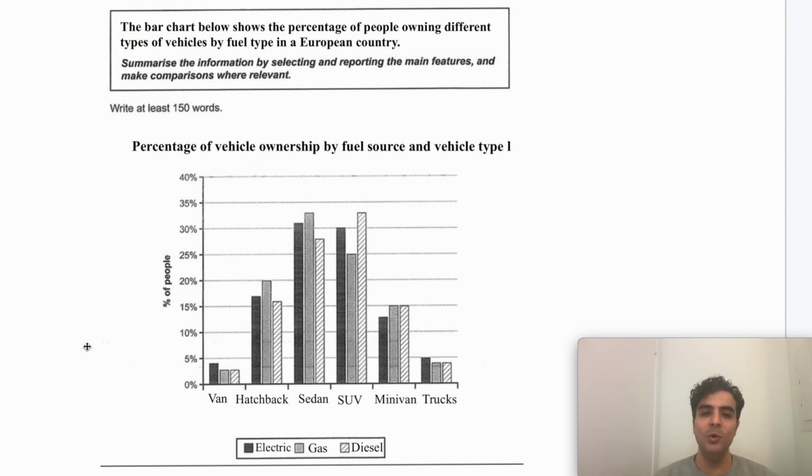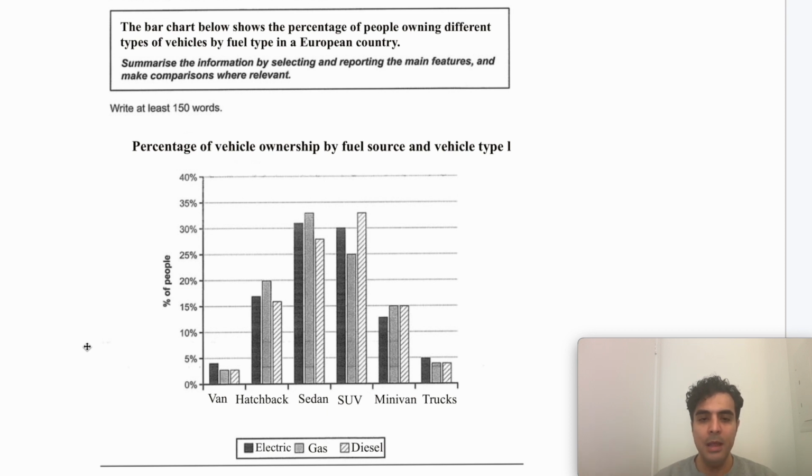Which brings me to the final question we need to answer, and that is, how can I find 2 pieces of vital information, or what are 2 key points that I can present in the overview of my response? I'll show you. First of all, look for recurring patterns. Something that you could say and begin your sentence with always. Like always something is the highest, or always something is the lowest, or always X is greater than Y. Let's see if we can find something like this.